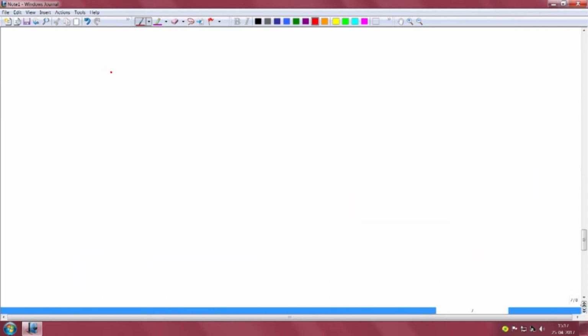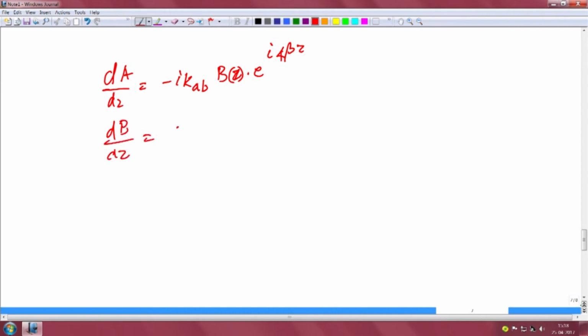So, I will quite quickly write again: dA by dz is minus i k a b into B of z and e power i delta beta z. dB by dz is minus i k b a into A of z into e power minus i delta beta z.